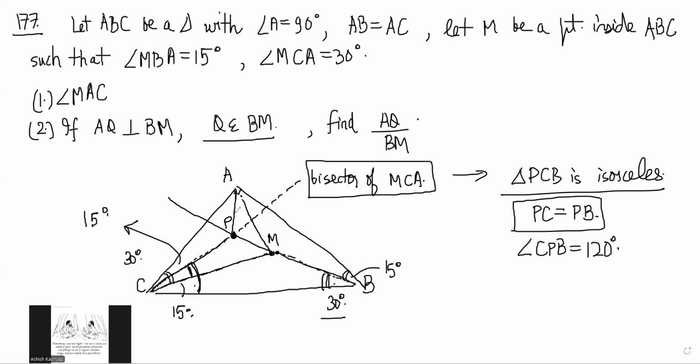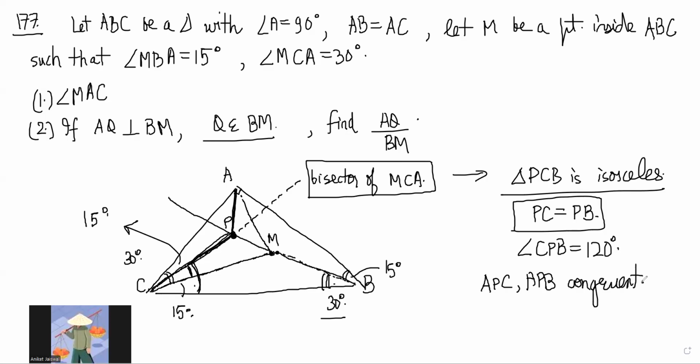But I have a common side also, right? Actually, I have all three sides equal, because PC is equal to PB, we already know, this is common side and this is isosceles, right? So the two triangles are congruent. Which triangles? APC and APB, right? Yes, they are congruent, sir.